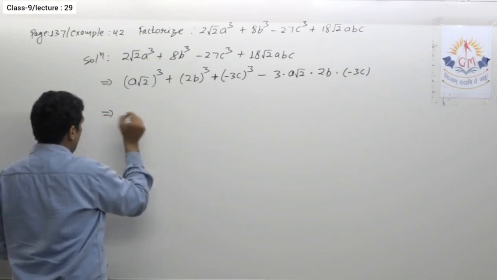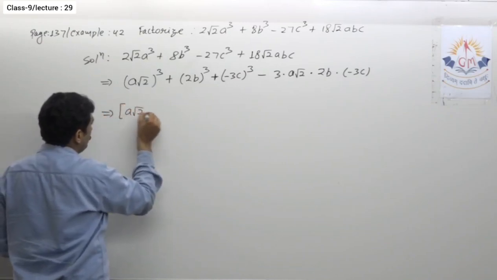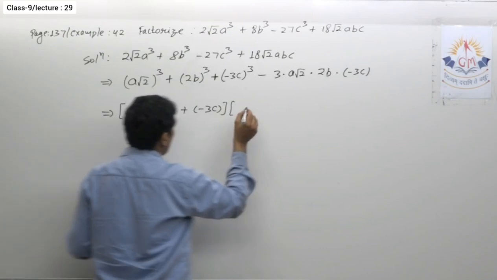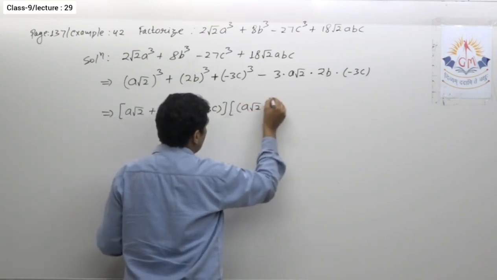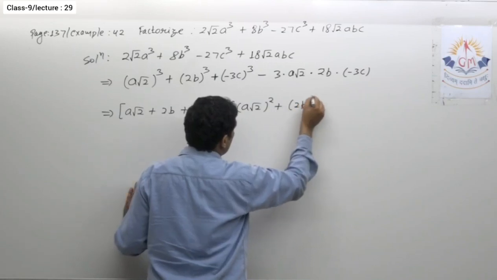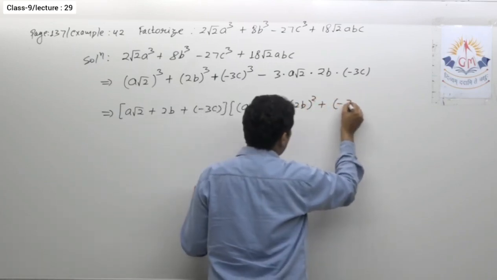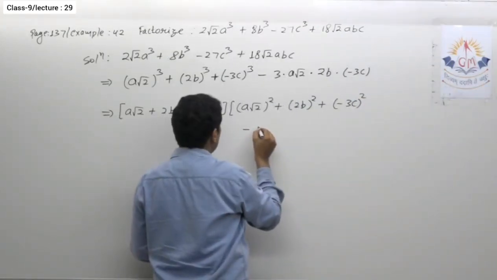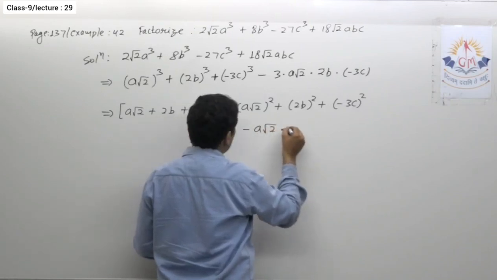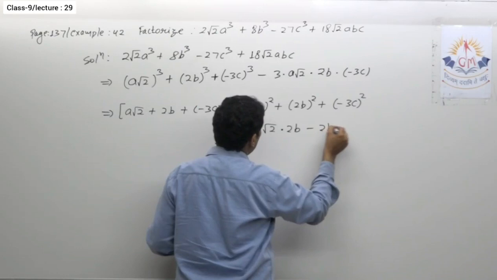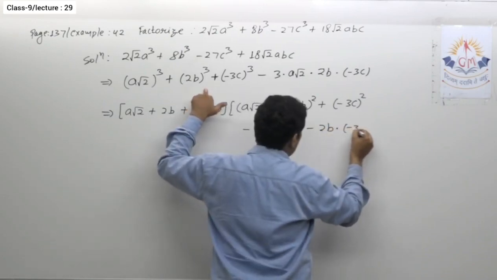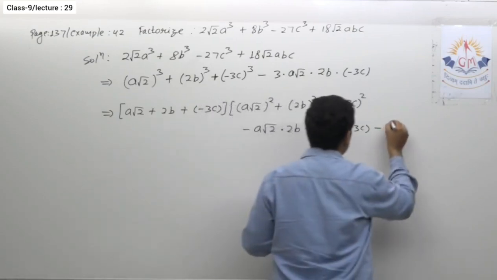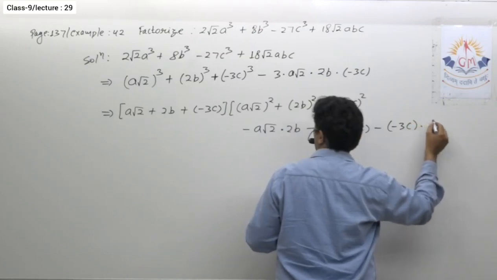So we can write its factors as a plus b plus c, then a square plus b square plus c square minus ab, so here I am writing minus ab, that is a root 2 into 2b, minus bc, that is 2b into minus 3c, minus ca, c and a is a root 2.